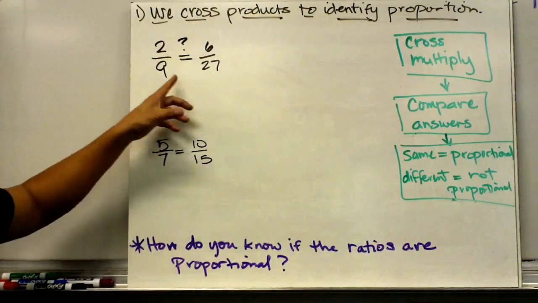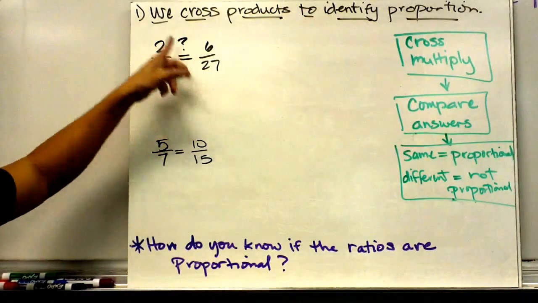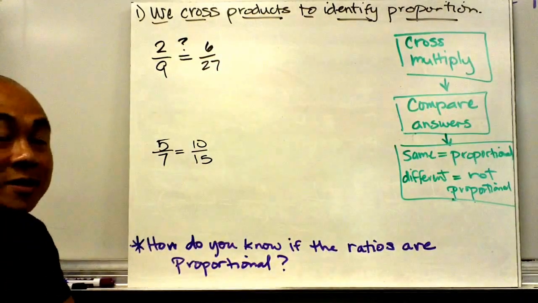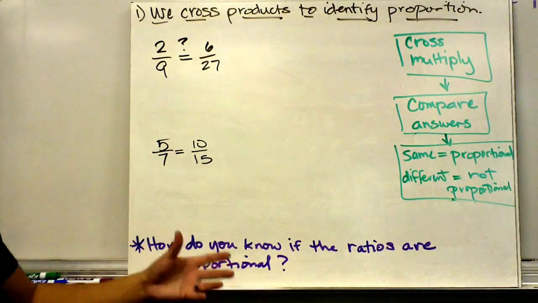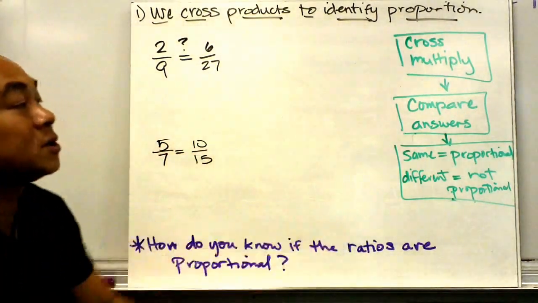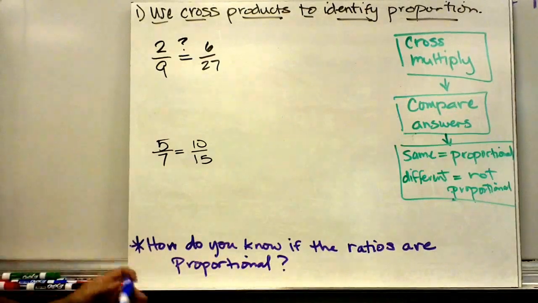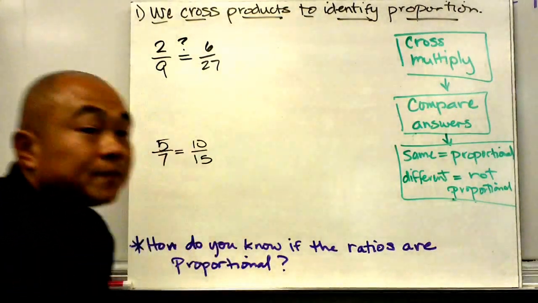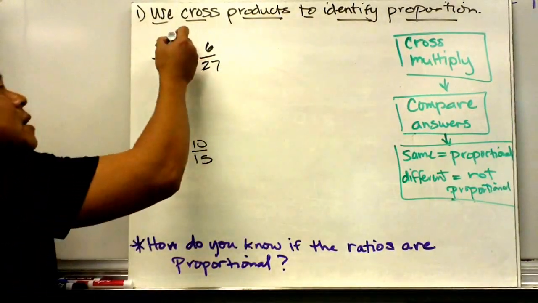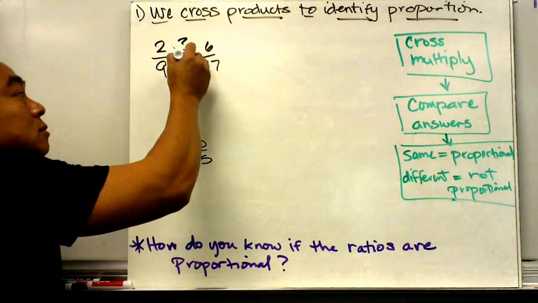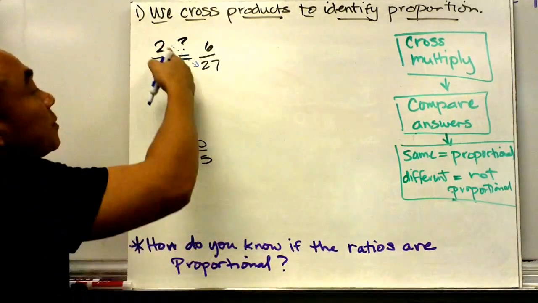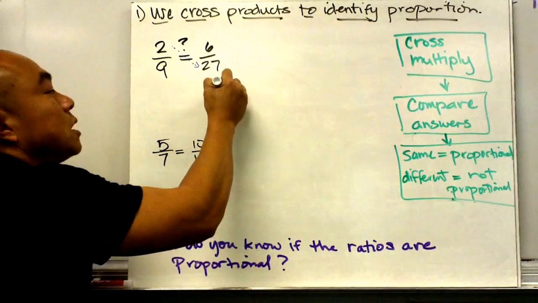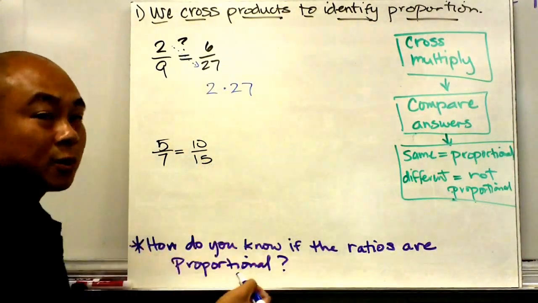So here we have two ratios, and we're going to use cross products to identify the proportion and to make sure that it's correct. The first thing we're going to do is cross multiply. So we're going to do a thing called cross products or cross multiply. I'm going to rewrite that as 2 times 27, because that's what cross products mean.